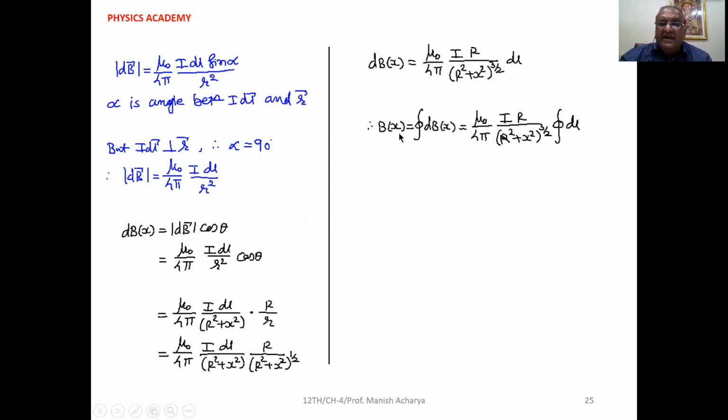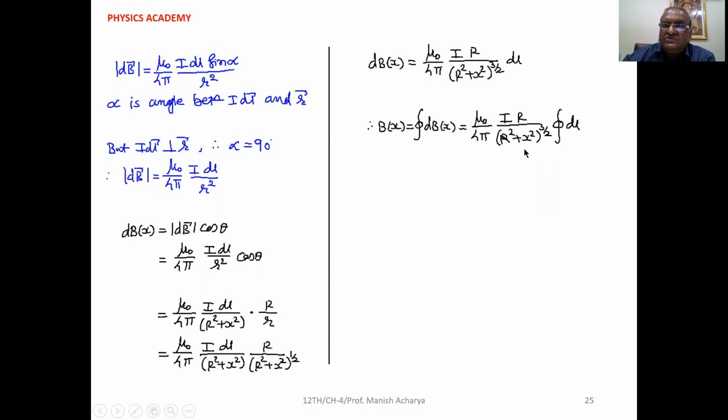So B at x is the integration of dB at x, and this integration is carried out over the circumference of the ring. Therefore, this symbol is placed here. Now, mu 0 I R upon 4 pi into R square plus x square raised to 3 by 2.